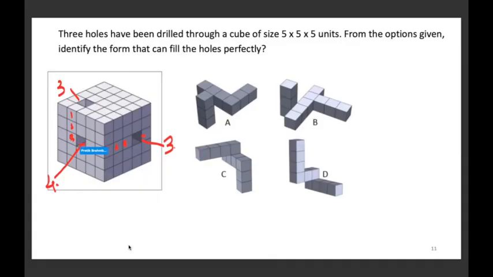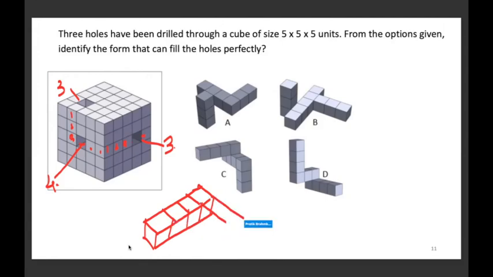So the connection between these two will be formed as an L of 4 cubes. And then for the third, there will be a form of 3 cubes which will be found like this.